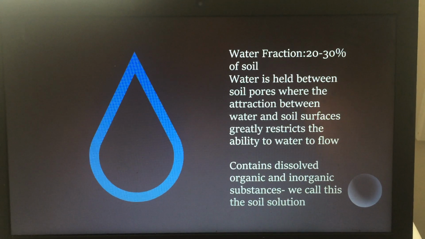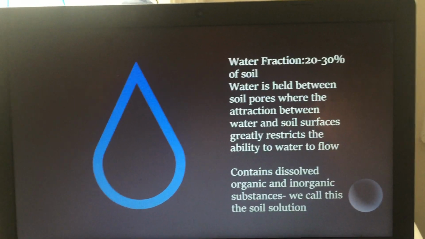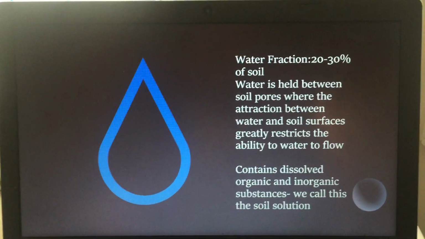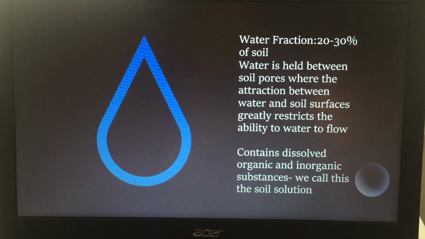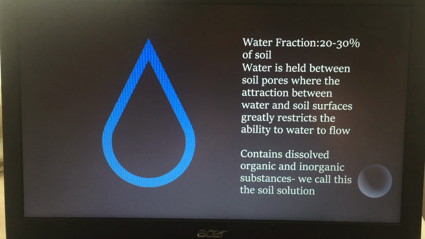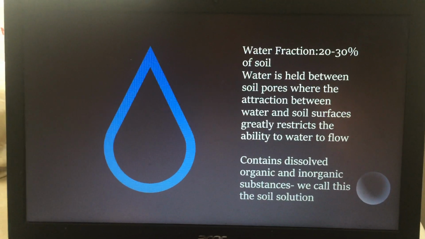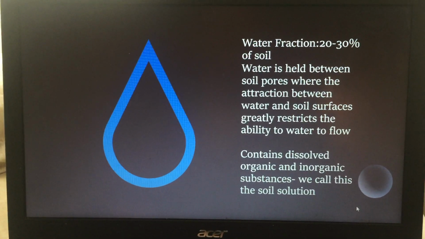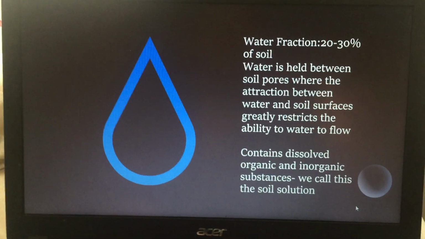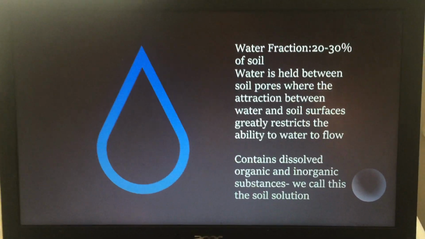It has to go through these particles until it can be leached out. And soil water contains dissolved organic and inorganic substances, and we call this the soil solution. It's where our nutrients are held in the soil without being held to a soil colloid.